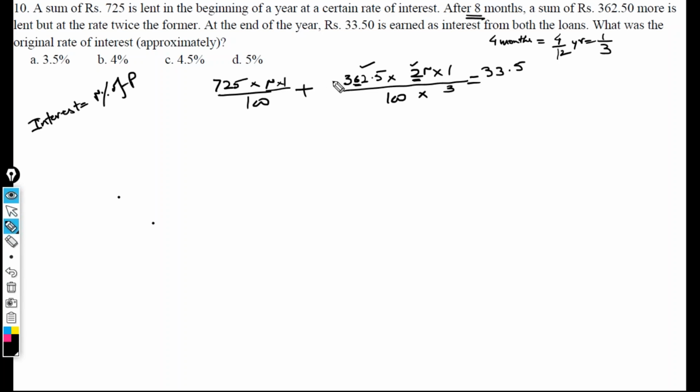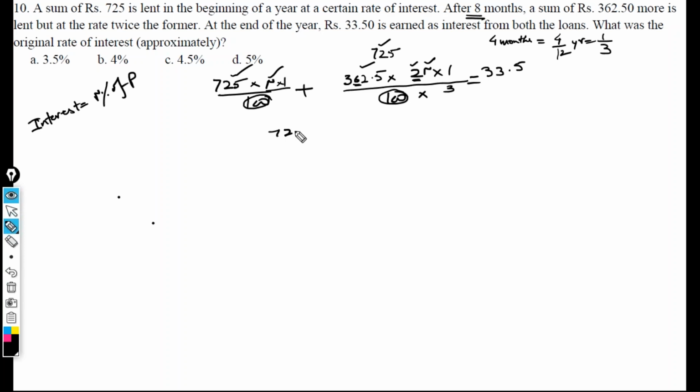Shubham, Pranvi, Nikhil, do this multiplication quick. Right. So the product of these two comes out to be 725 only. So can I say 725 is common between the two? R is common between the two along with 100.